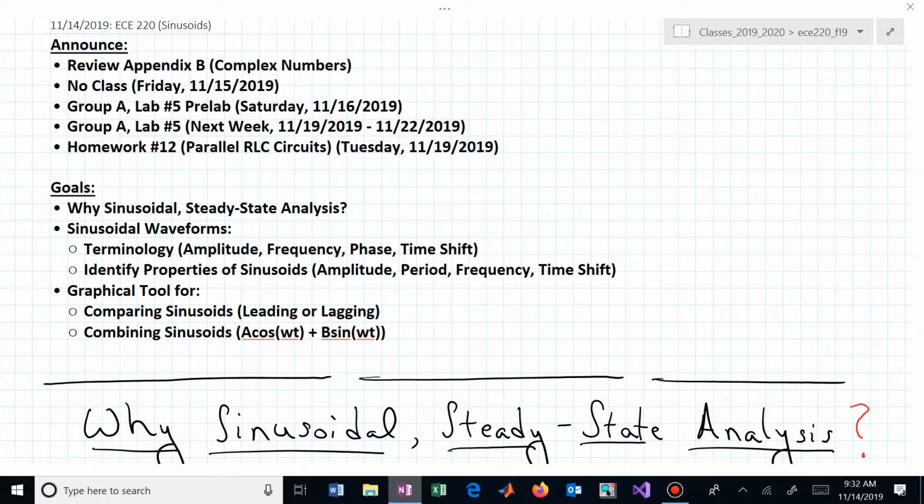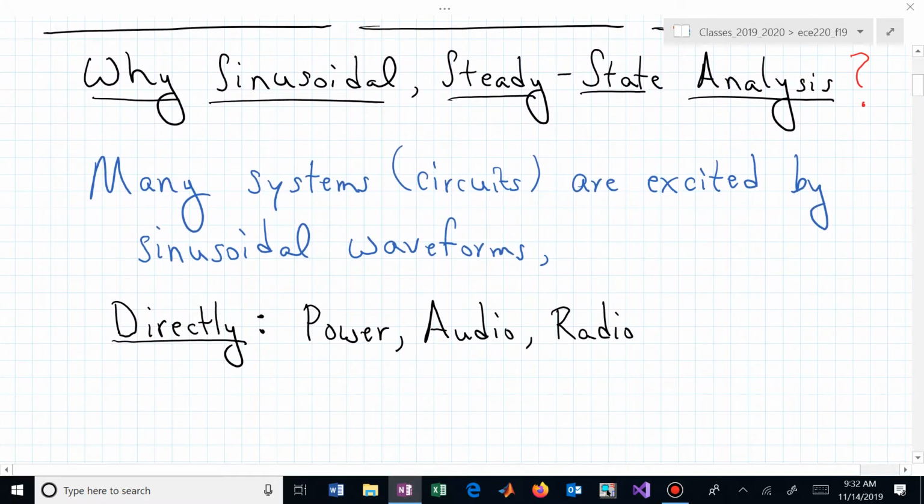Can I do it geometrically or graphically? Can I now see how these two sinusoids, a cosine and a sine, combine to give me one cosine with a delay or advance in time? That's what we're going to try to get to today.